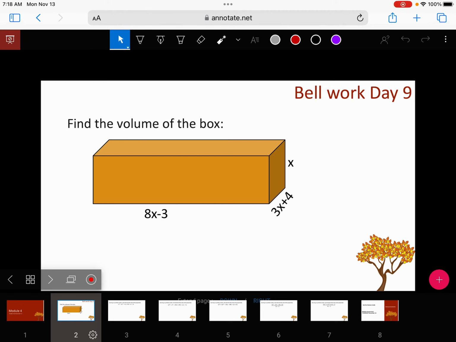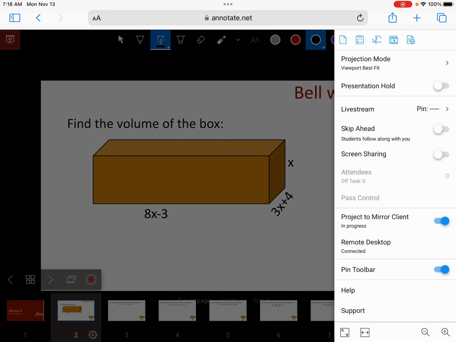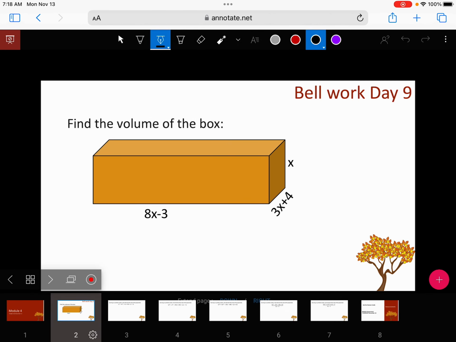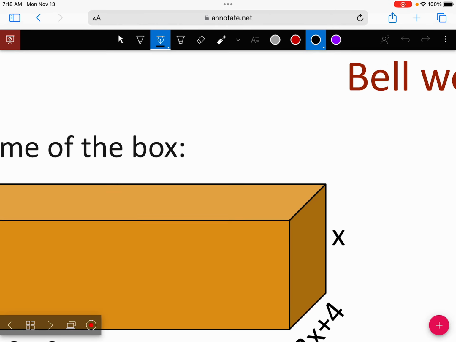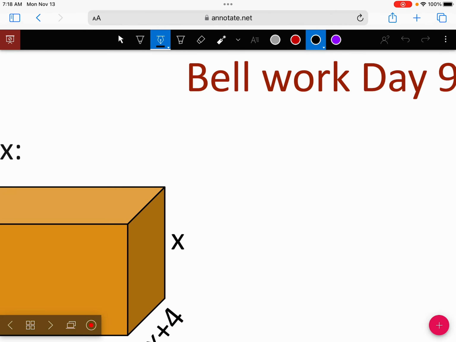So, how do we find the volume of a box like this? I don't remember how I find the volume of a rectangular prism. Volume equals... how do we find generally for a rectangle, or how do we find the area of a rectangle?